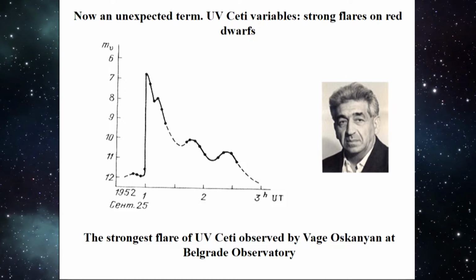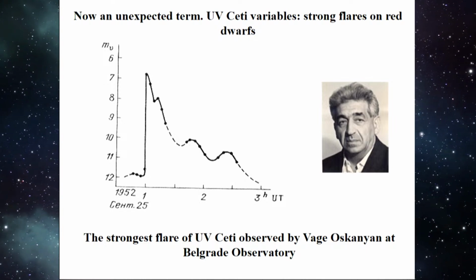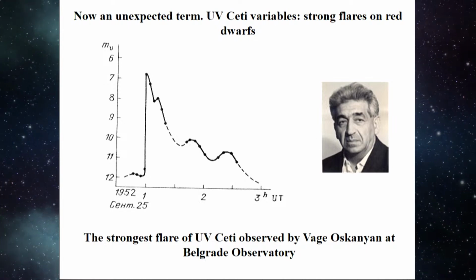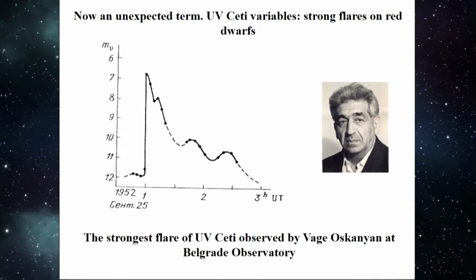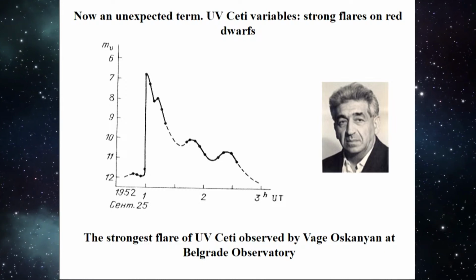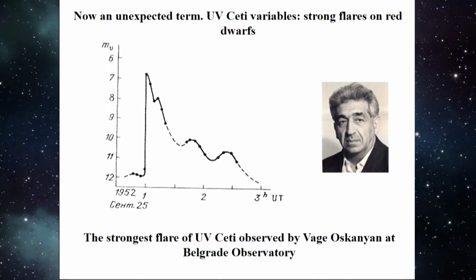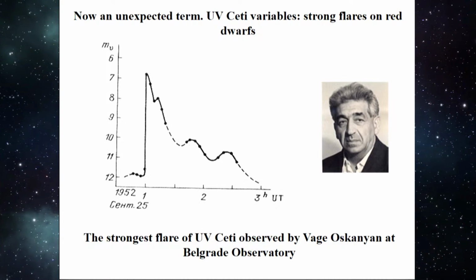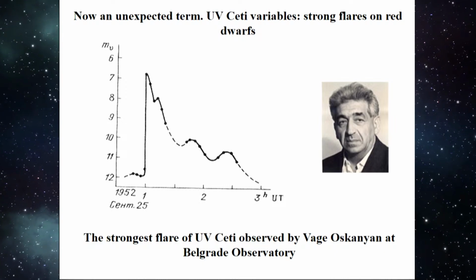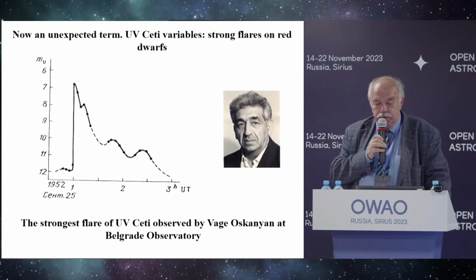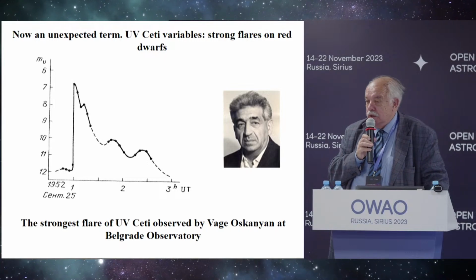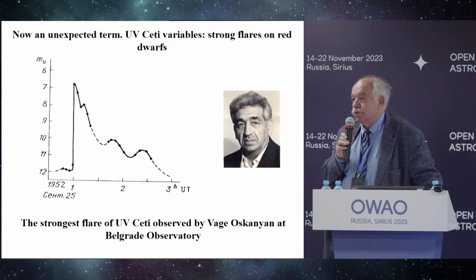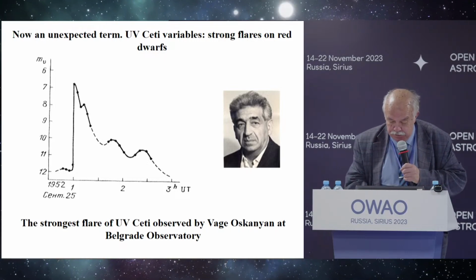He's an Armenian astronomer who used, in the beginning of his scientific biography, to work at Belgrade Observatory, and he was famous as a reliable observer. And he saw a very long flare on the prototype UV SETI with an amplitude of 5 magnitudes. He was believed because he was known to be reliable.